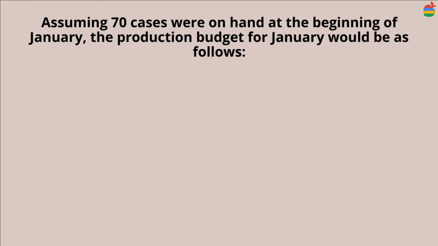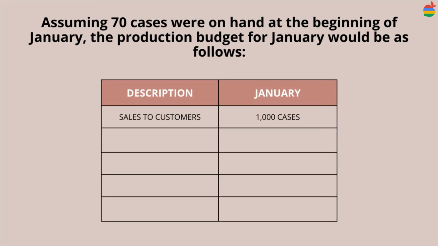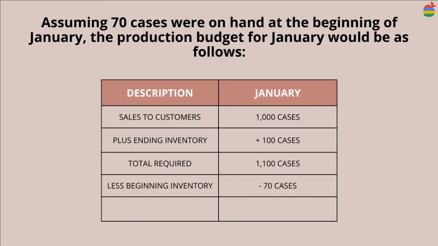Assuming 70 cases were on hand at the beginning of January, the production budget for January would be: sales to customers 1,000 cases plus ending inventory 100 cases. So total required is 1,100 cases, less our beginning inventory of 70 cases, and to be manufactured is 1,030 cases.